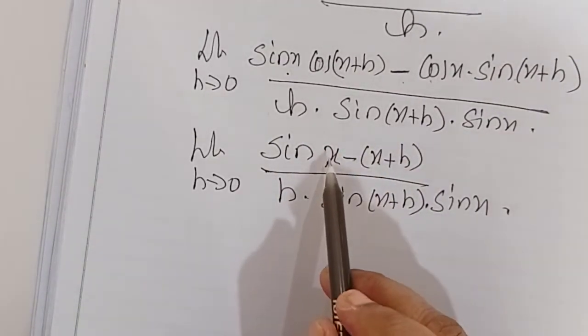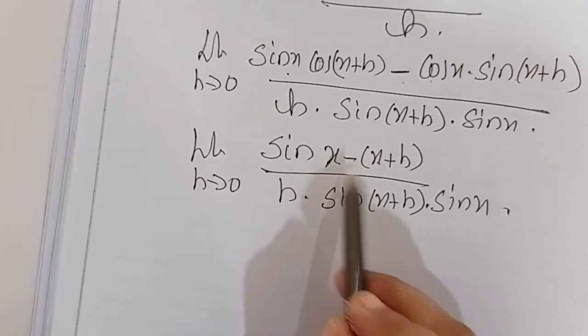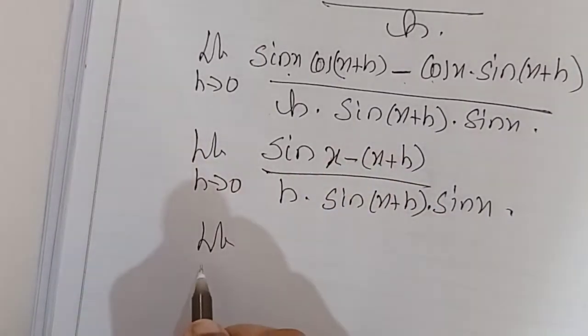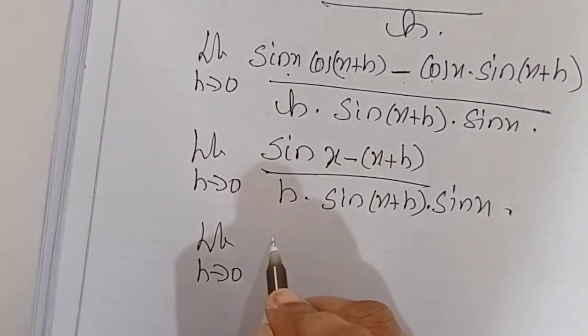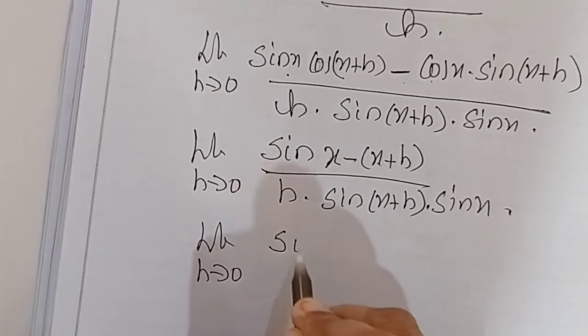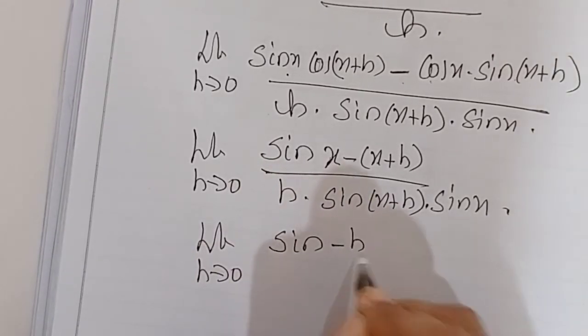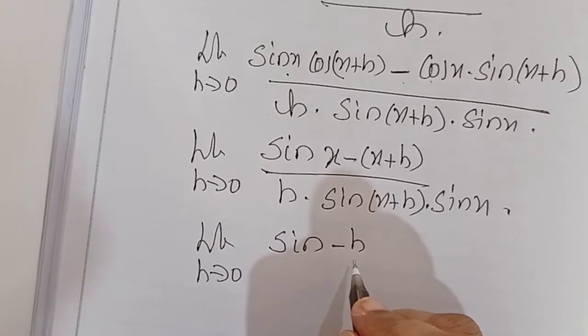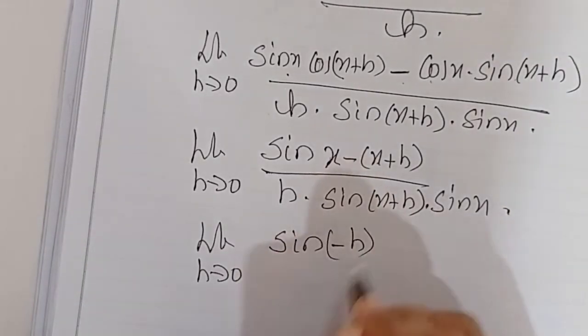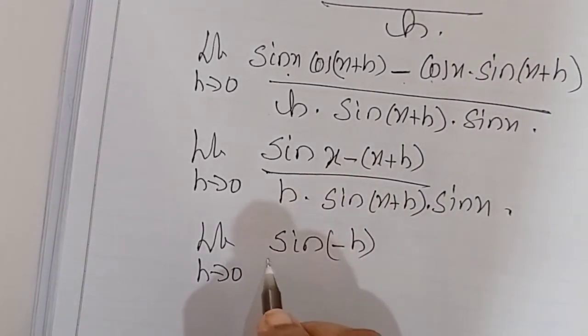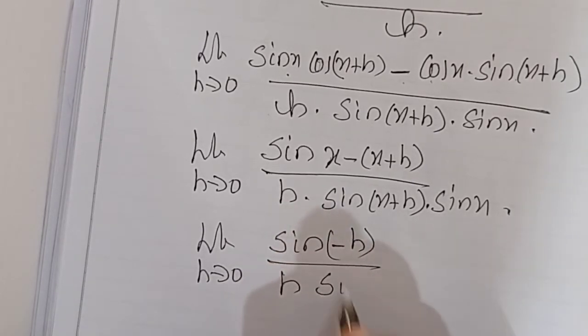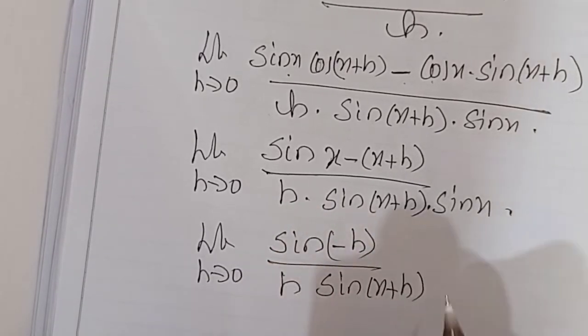Look at the numerator. x minus x cancel. Then you will get limit h tends to 0 sin of minus h. Can you say what is sin minus h? Yes, that is minus sin h by h into sin (x plus h) into sin x.